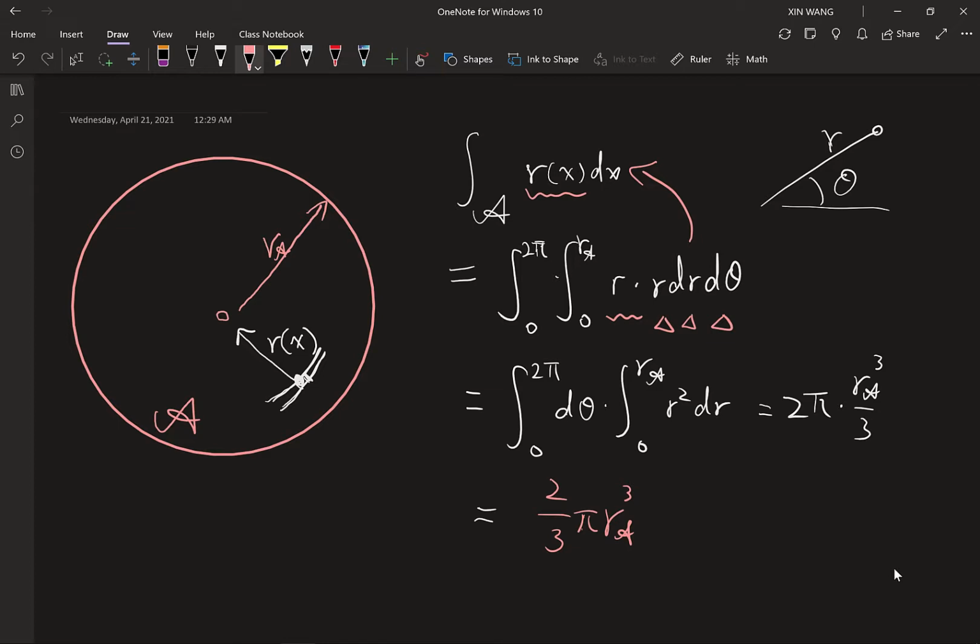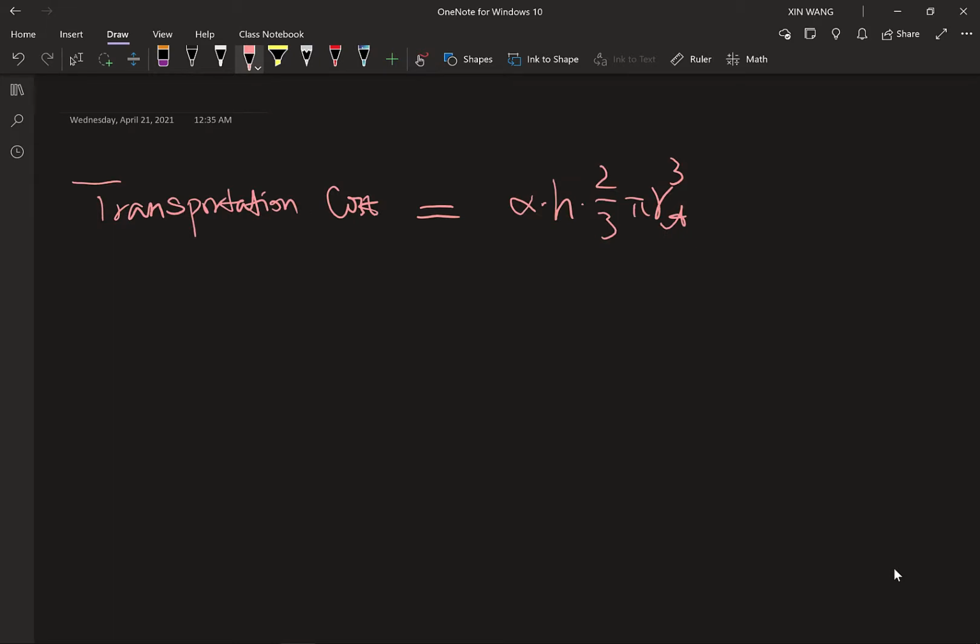With this expression, together with the demand, we get the total transportation cost within this circle, which is equal to alpha times demand times this aggregated distance. So we have the transportation cost within this circle, and we know the fixed cost within this circle.